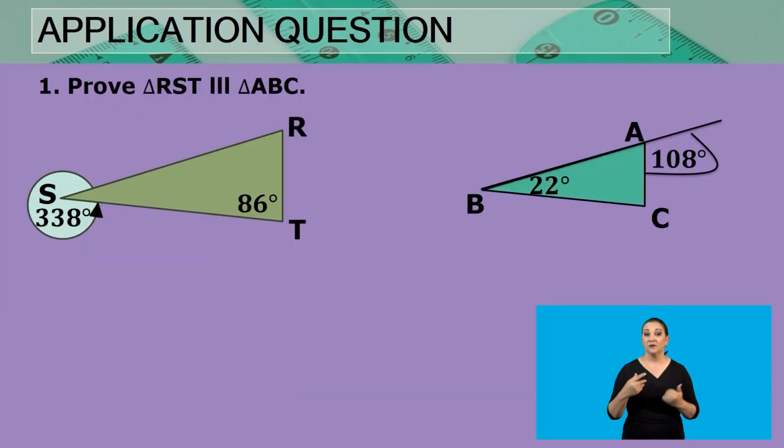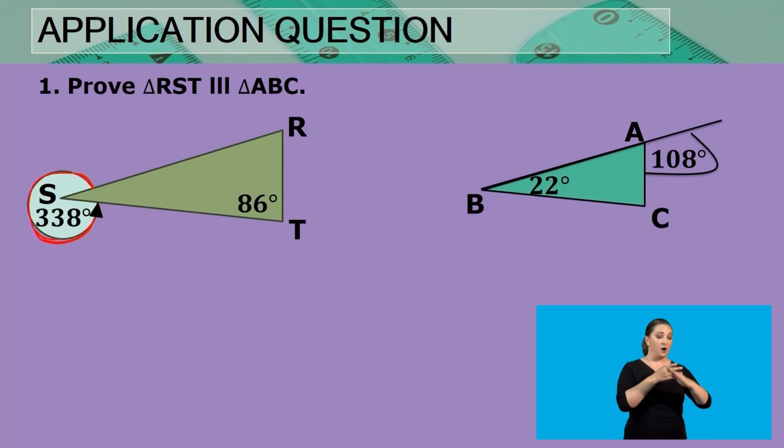So let's start with triangle RST. Now we have been given the reflex angle of 338 degrees, but we are looking for that interior angle there. But we can use this given angle to find the interior angle. Why?